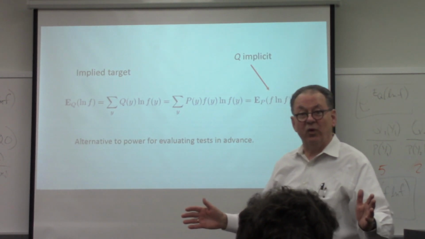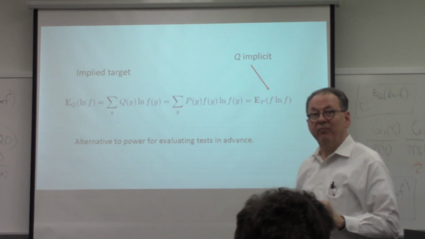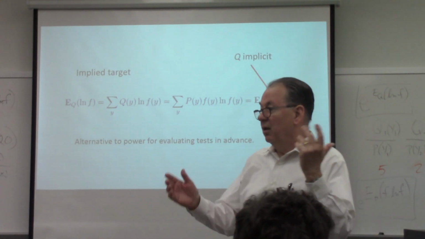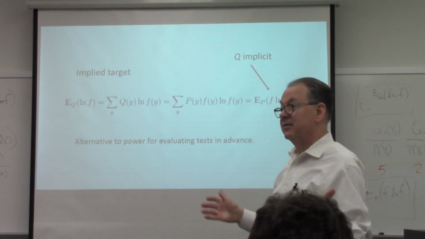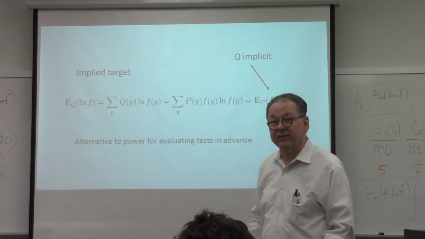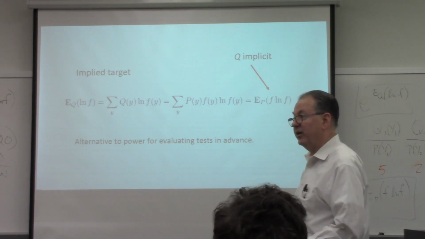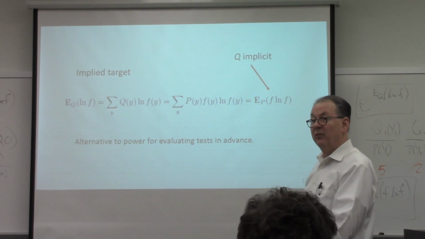So this is a case where you know in advance that if you get something significant out of this, it's by chance, or probably by chance. It's not going to be credible. So you shouldn't do the test. So the implied target would be something to evaluate whether the test is worthwhile.